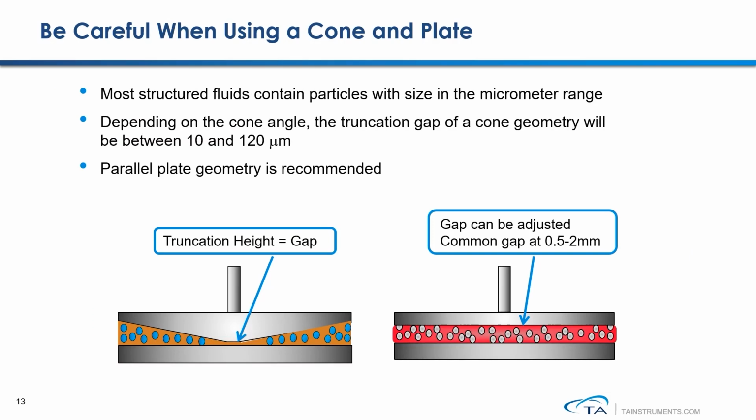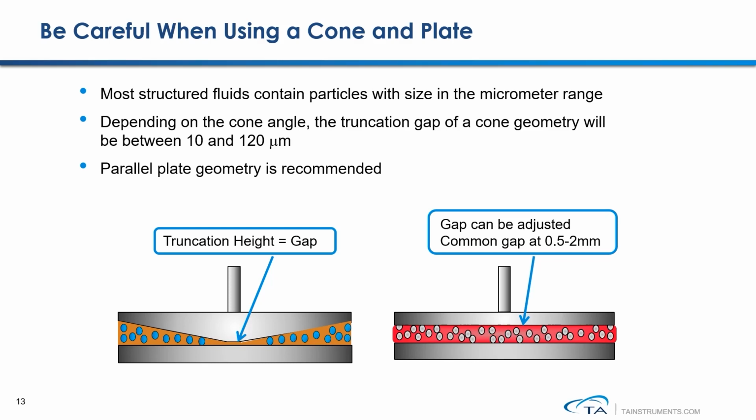Since structured fluids contain particles, you need to be very careful when selecting a cone plate geometry for the measurements. As we have discussed before, when you use a cone plate geometry, you are not allowed to freely change the measurement gap. The gap must equal the truncation height of this particular cone geometry.